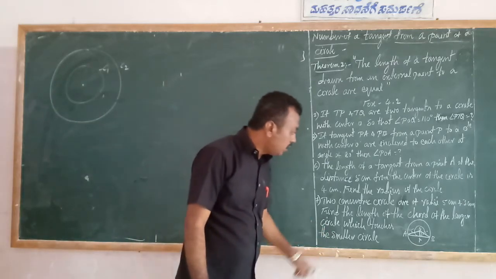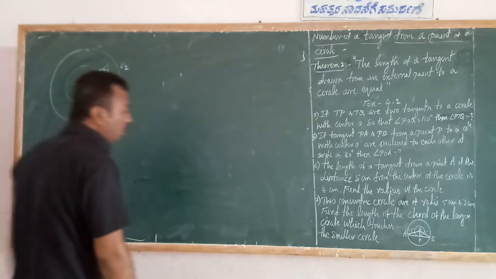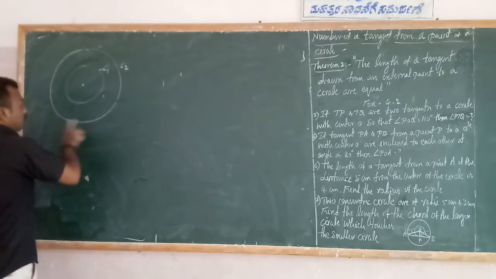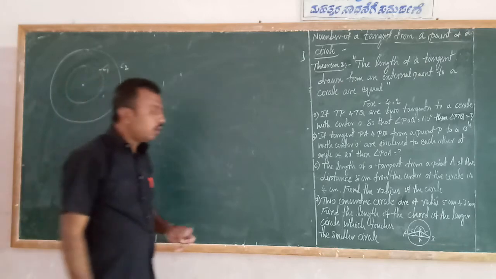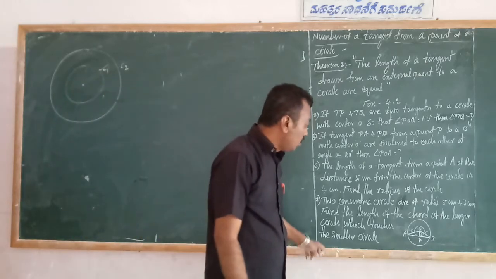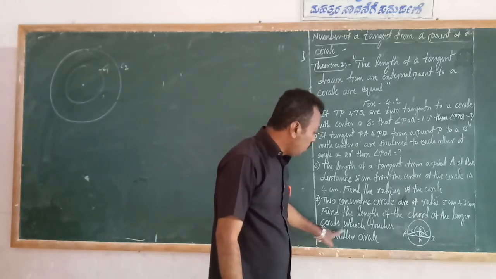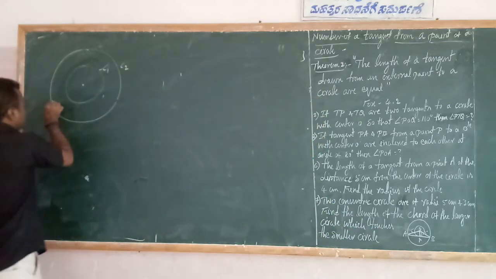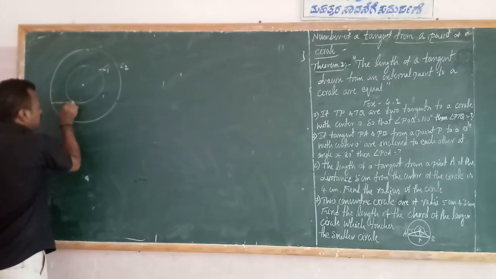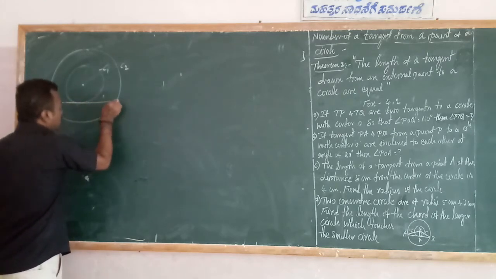Find the length of the chord of the larger circle. So this is the chord of the larger circle, which touches the smaller circle. This chord touches the smaller circle.